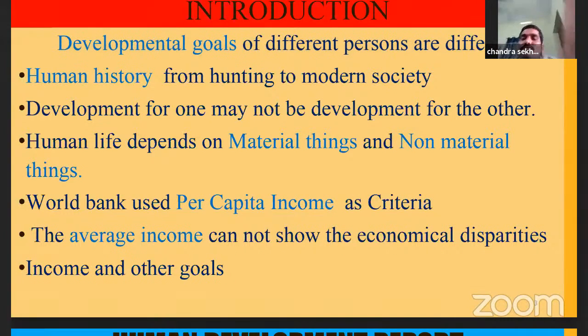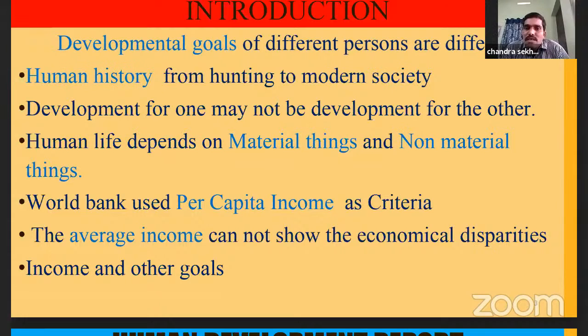At the same time, the developmental goal of one may not be the development for the other. So when we are setting up our developmental goals, we should think about our aspirations and our ideas of life, and consider so many aspects.